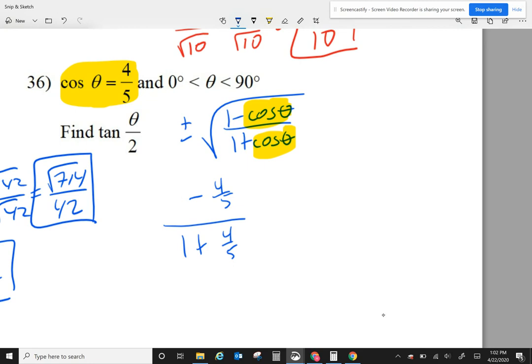Each of my 1's, I'm going to change it as a 5 over 5. Just want to have fractions with common denominators. Right? 5 divided by 5 is 1. So 5 over 5 is 1. So on my top fraction, I have 1 over 5. At the bottom fraction, I have 9 over 5.